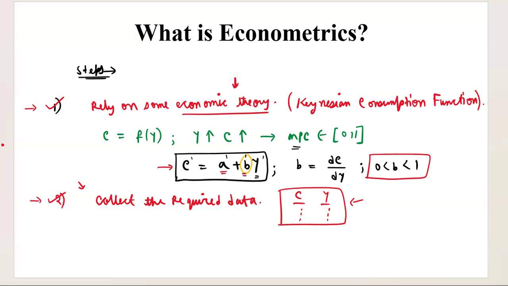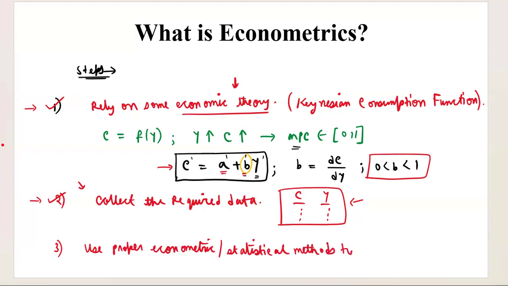So you have to collect the required data from some reliable source. And the third step that you have to follow is to use proper econometric or statistical methods to verify and validate, right?